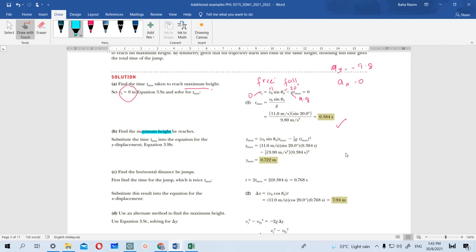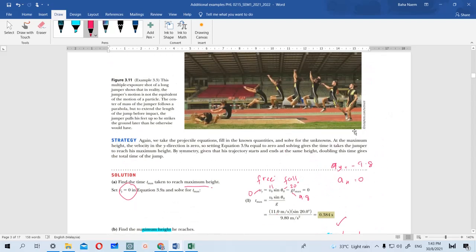And hence, look here, this is ut plus half at squared. Only thing that you note is this is delta y. And remember that it's y final minus 0 as the initial. Why? Because he started from the ground.